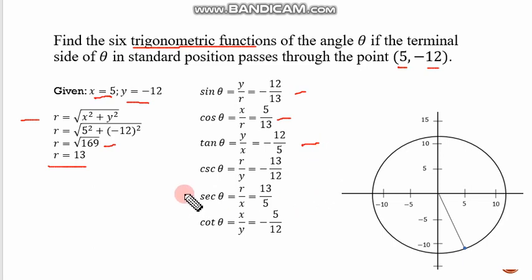The cosecant is the reciprocal of the sine theta, so that's negative 13 over 12. The secant theta is the reciprocal of cosine theta, so that's 13 over 5. And the cotangent theta is the reciprocal of tangent theta. This is negative 5 over 12.